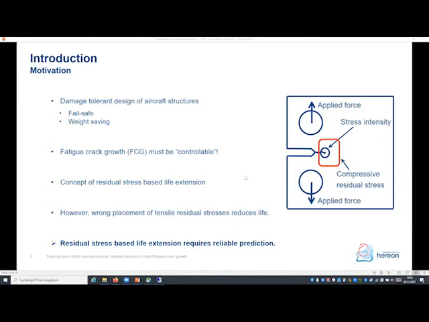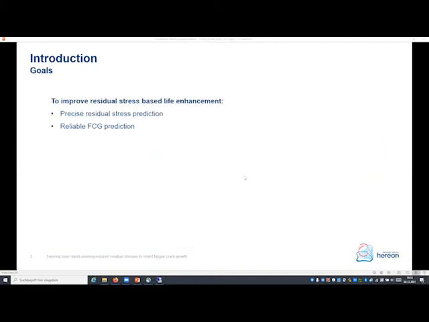And so what's needed to apply such a residual stress-based life extension approach is, at first, we need reliable fatigue crack growth predictions, and we need precise calculations of the overall residual stress field.